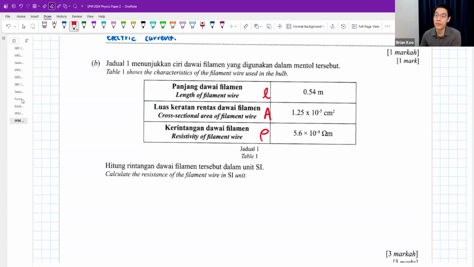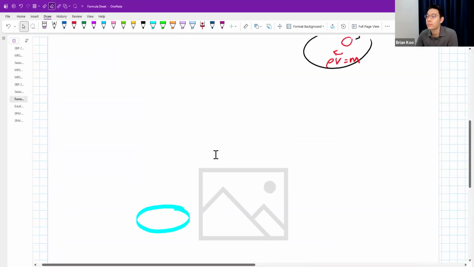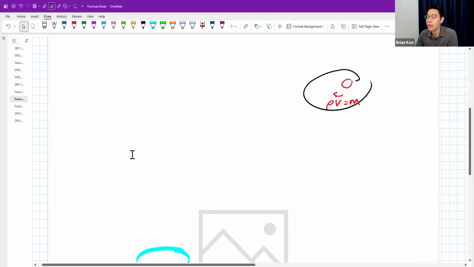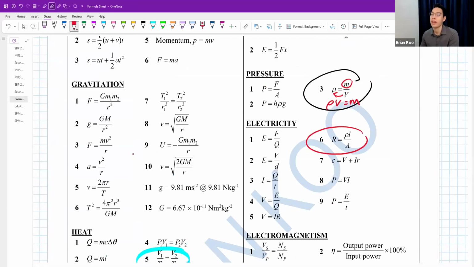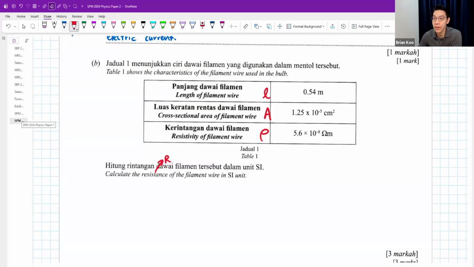So you can find a formula for resistance, which is this one, where you have resistivity, length, and area. Let's use that. The only issue here is if you take a careful look at the units, you will notice that one is in meter, one is in cm squared, and another one is in meter. So you have a problem here.